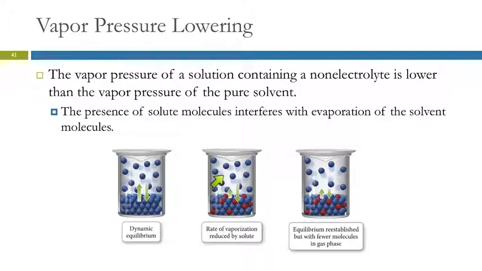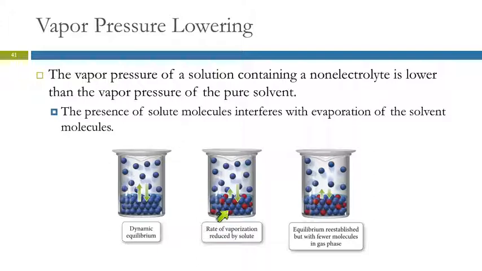But it does affect the rate of evaporation because in order for the water to evaporate, it has to get to the surface, and now there are these solute particles in the way. It's like you're trying to drive down a road and there are all these cones and barriers, and you keep having to slow down and get around them, and it slows traffic.